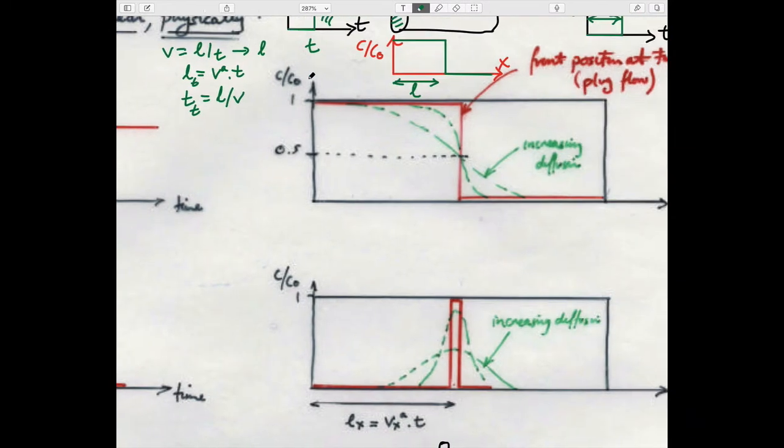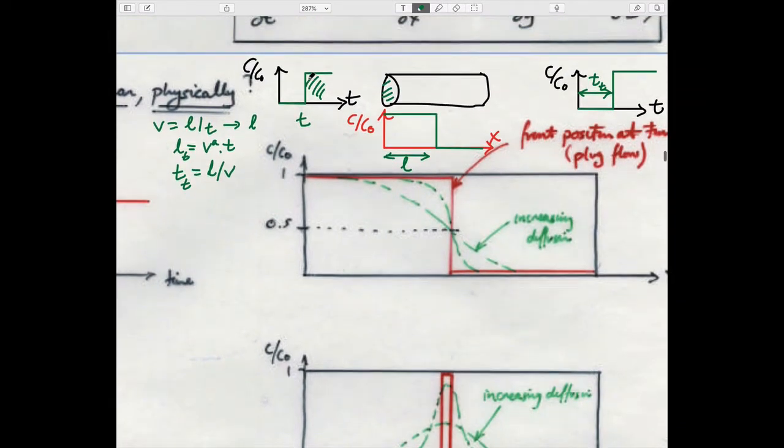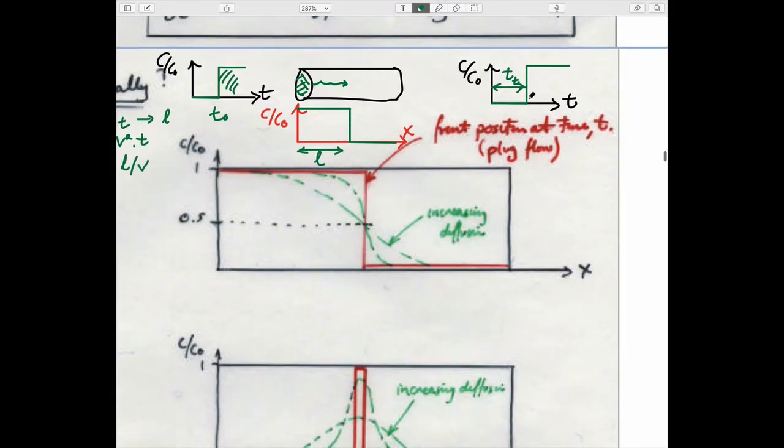So in its most rudimentary form, that's what we're attempting to understand. You make the boundary condition here, turn it on at time 0, t0. Stuff travels downstream. If it travels as plug flow, you can calculate how far it goes in a given time. And you can also find out at a given time what the concentration is, whether it has arrived, which would be after this point here, or whether it hasn't arrived yet.